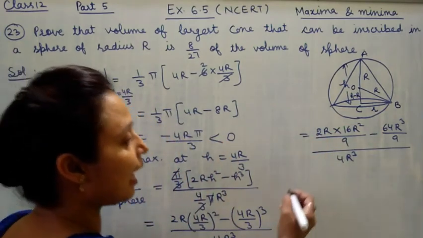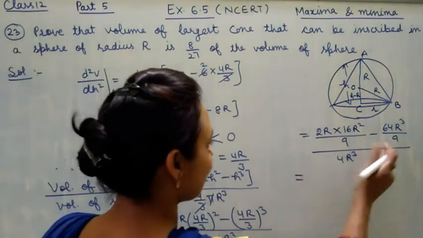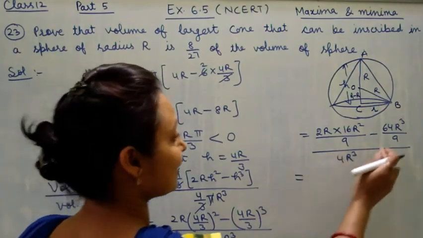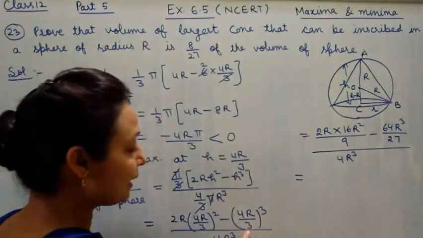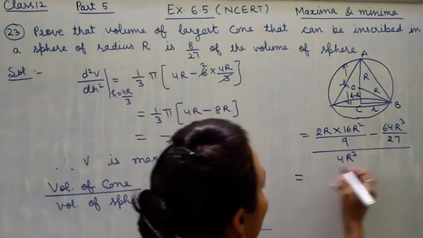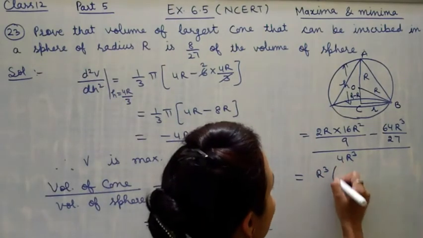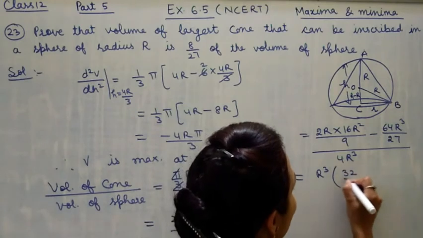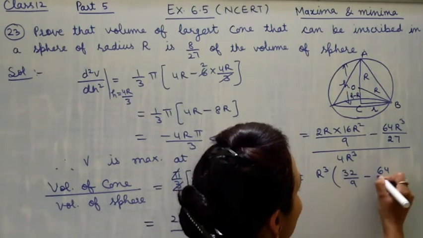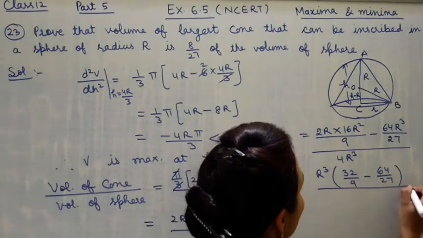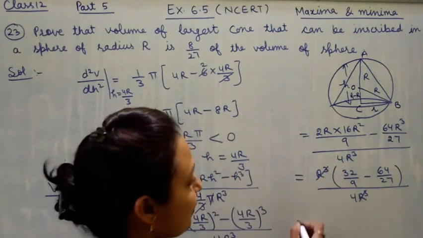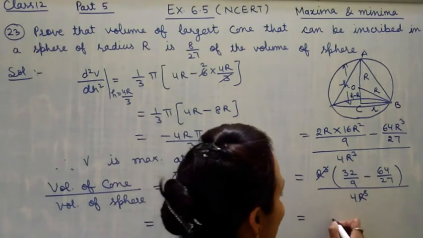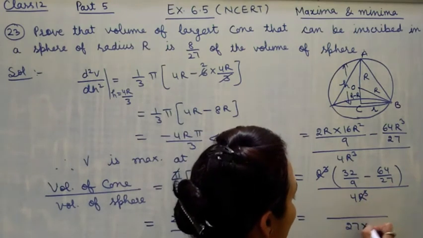First of all, taking R³ common. 3 3s are 9, 9 3s are 27. So I will take R common, and inside the bracket 32/9 minus 64/27 divided by 4R³. This R³ and R³ will cancel. I will take the LCM, that is 27 into 4.